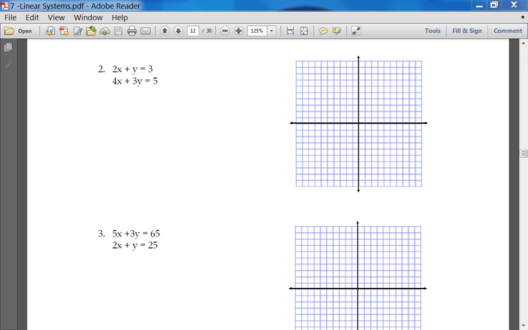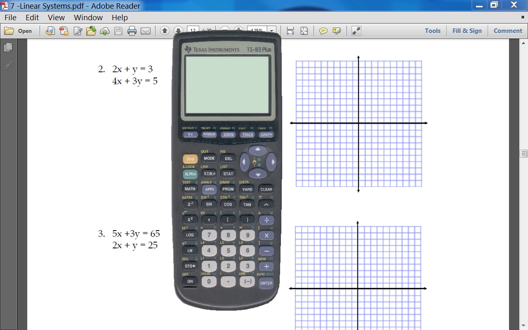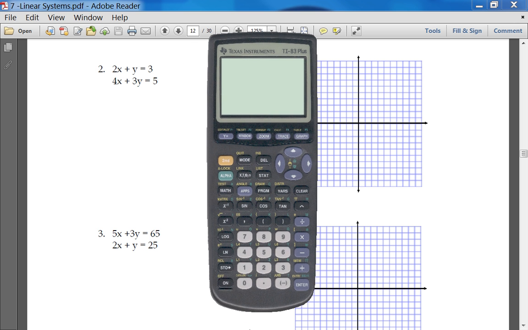So when you go to type this in, this one's a little more interesting in terms of making mistakes, because it's got those fractions. So I'd clear whatever's in there. Okay, y1 is negative 2x plus 3. If you use the minus button, you'll get a syntax error, so you have to use the negative button.